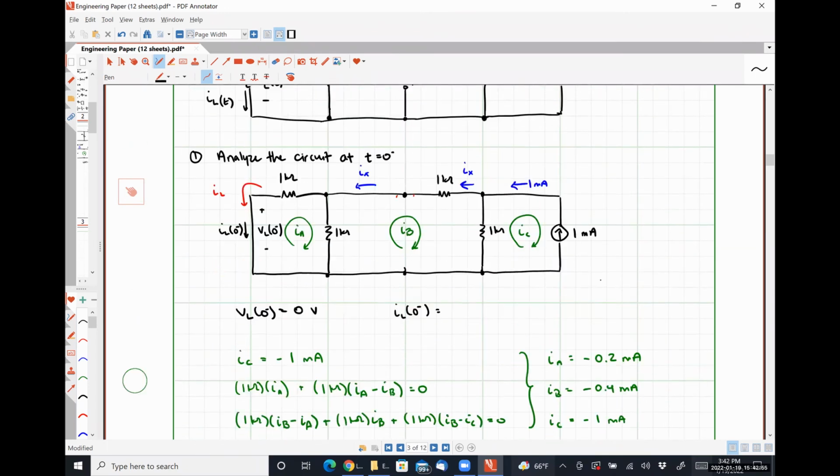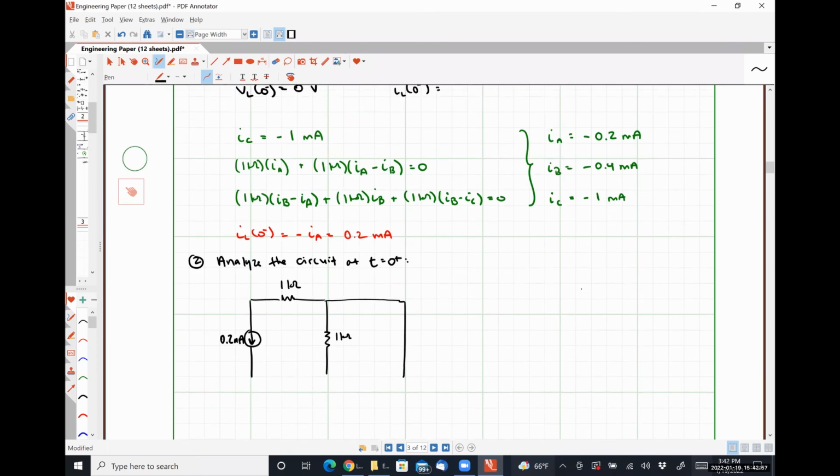Yeah. Then I have this 1 kilo ohm, this 1 kilo ohm, this 1 milliamp.